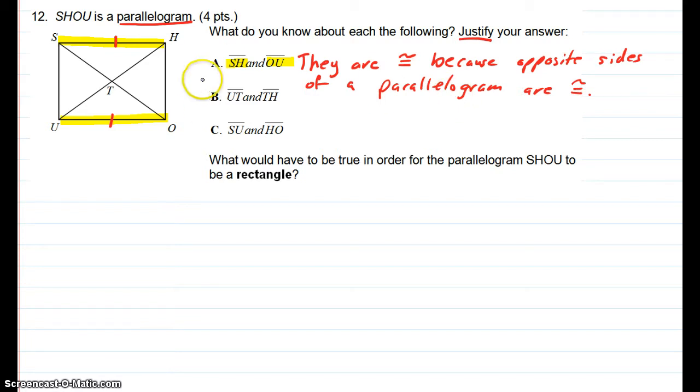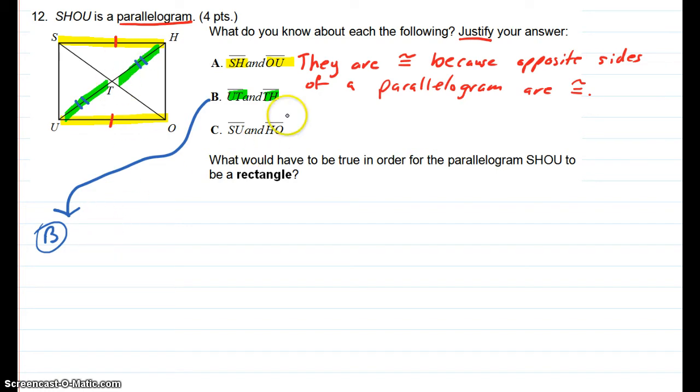Okay, so let's take a look at B, and we'll put the answer down here. UT and TH. So since this is a parallelogram, one of the things we know about the diagonals of a parallelogram is that the diagonals bisect each other.